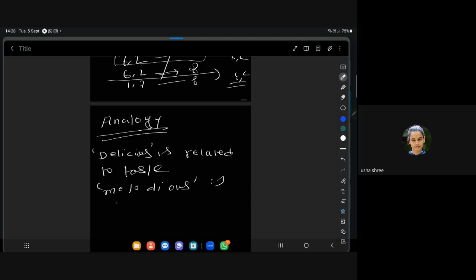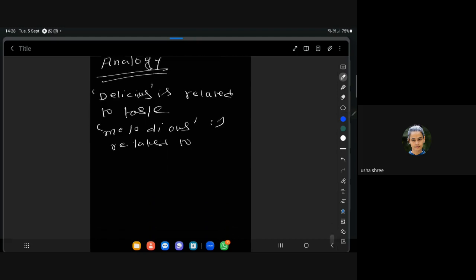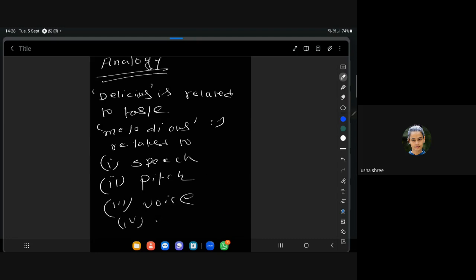Melodious is related to, see, they have given you four options. One is speech, two pitch, three voice, and four music. Music. Obviously, it will be music.